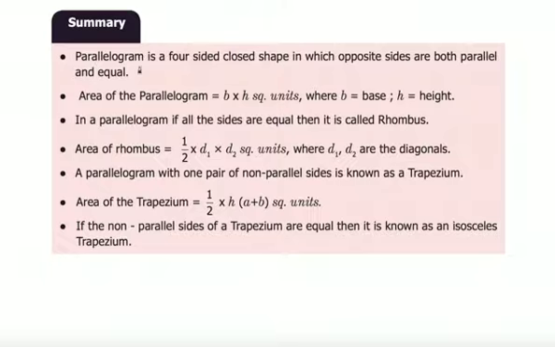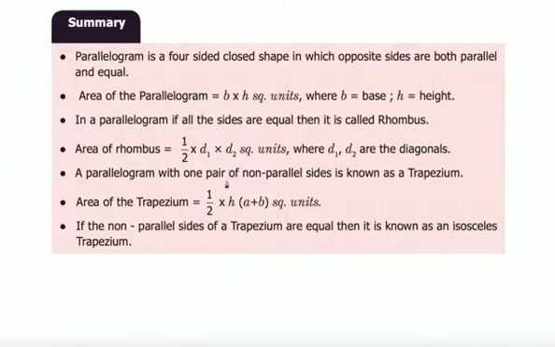Let me quickly read the summary also. Parallelogram is a four-sided closed shape in which opposite sides are both parallel and equal. Area of the parallelogram is equal to b into h square units, where b is the base and h is the height. If all the sides are equal, then it is called a rhombus. Area of a rhombus is half of d1 into d2, where d1 and d2 are the diagonals.